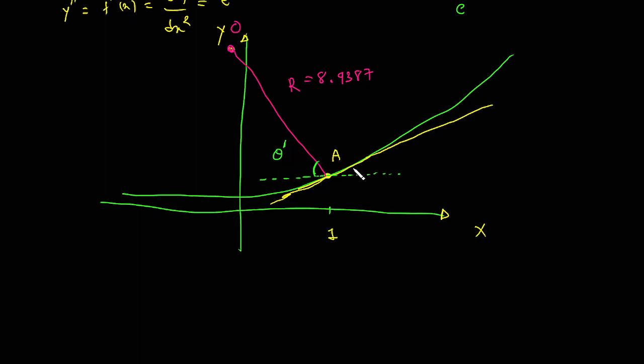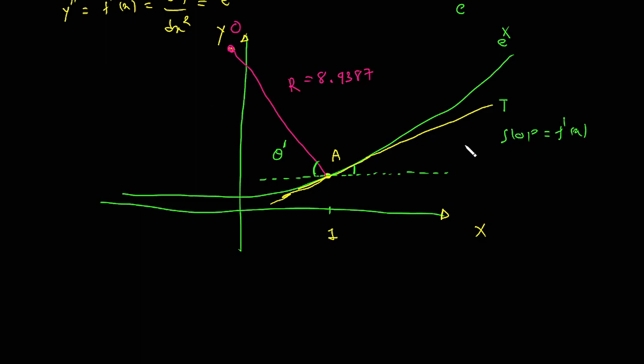How can we easily find this angle? This angle is related to the angle that this yellow tangent makes with this horizontal line, the x-axis. So how to find it? We know that the slope at any particular point on a curve, here our function e to the x, is just the first derivative of the function, and we also know slope is nothing but tan of theta.